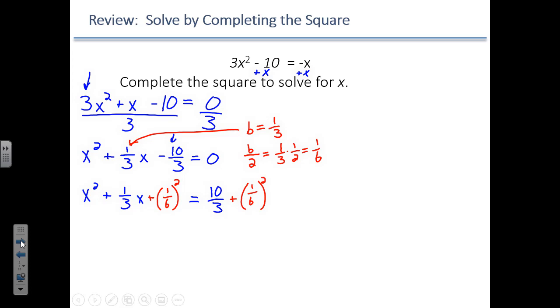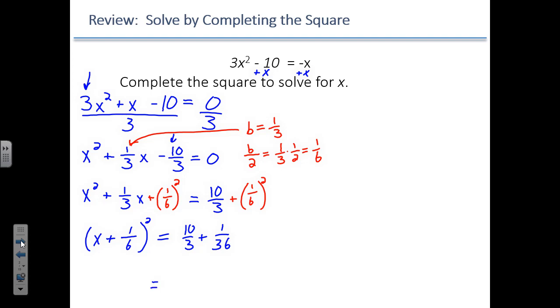Now on the left side, from our work in the previous topic, we know that that is going to factor to become x plus 1/6 squared. And on the right side, that's going to become 10/3 plus 1/6 squared, which is 1/36. Now again, avoid using decimals there. In fact, don't just avoid it, don't do it. We're going to do all of our work using fractions here.